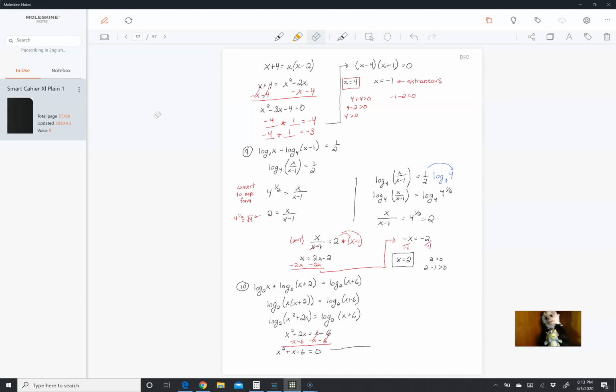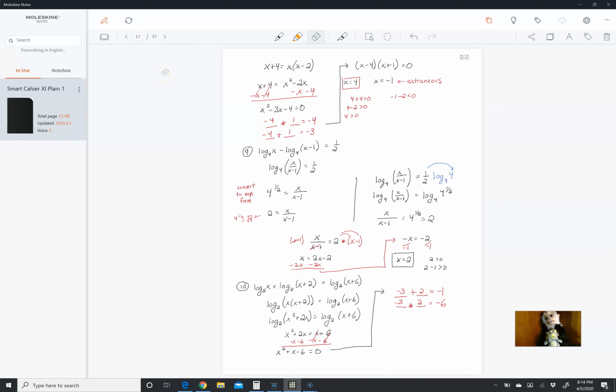Okay, and I'm going to move this up here. So what we're looking for is two numbers that add to 1 and multiply to negative 6. So those two numbers are negative 3 and 2. So those are our factors.